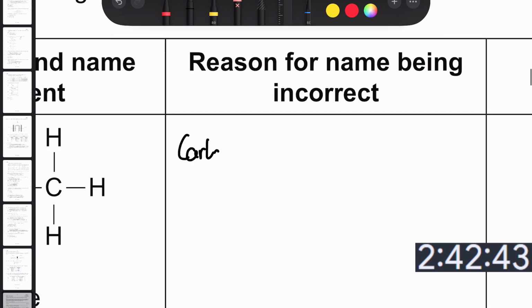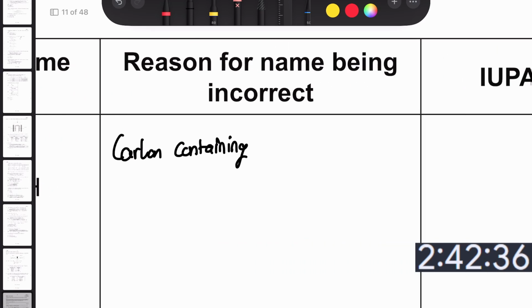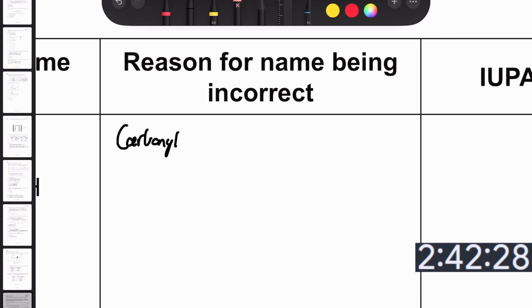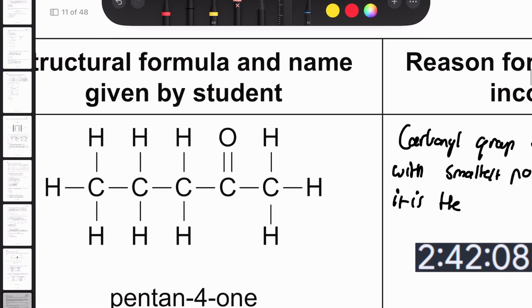So carbon containing carbonyl group. Maybe I'll say carbonyl group should be named or numbered with the smallest possible number, as it is the most significant functional group.